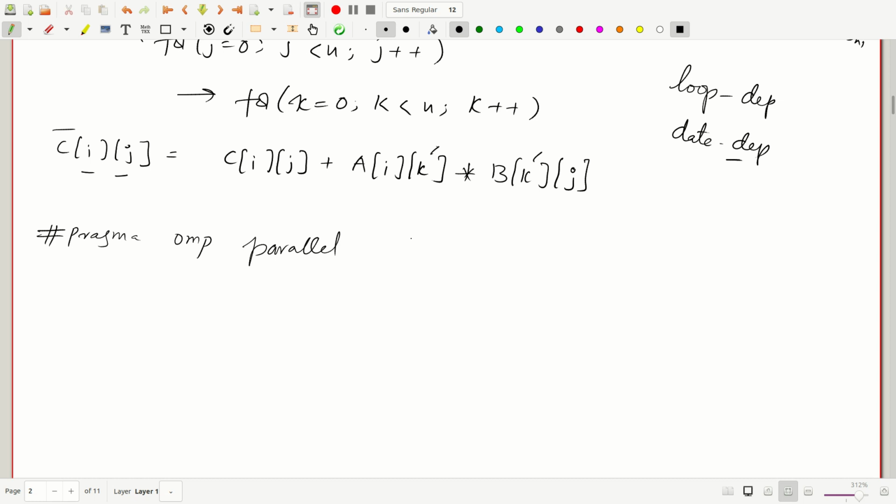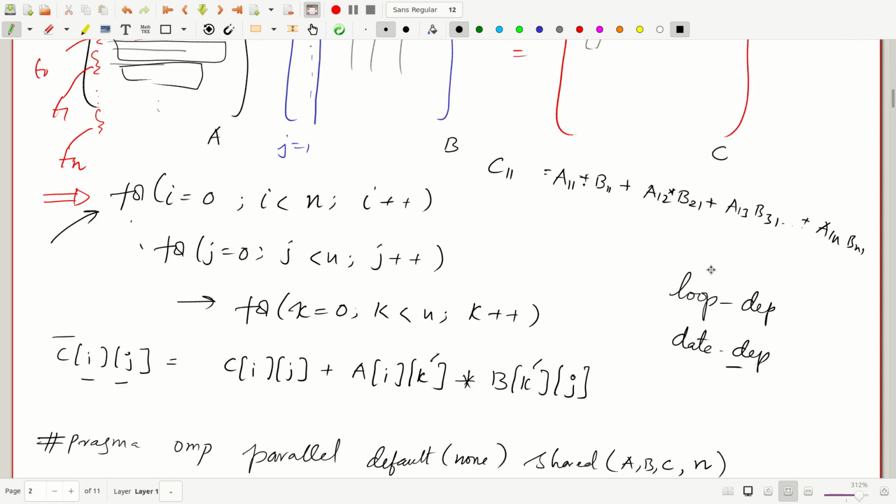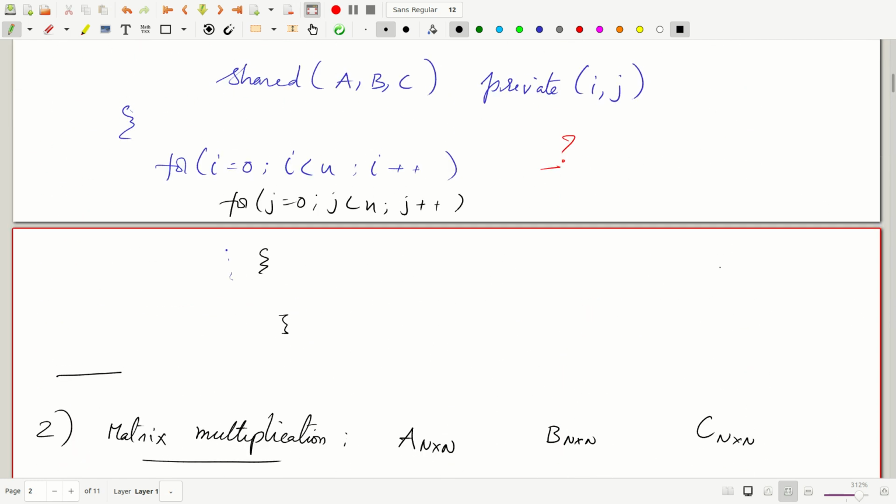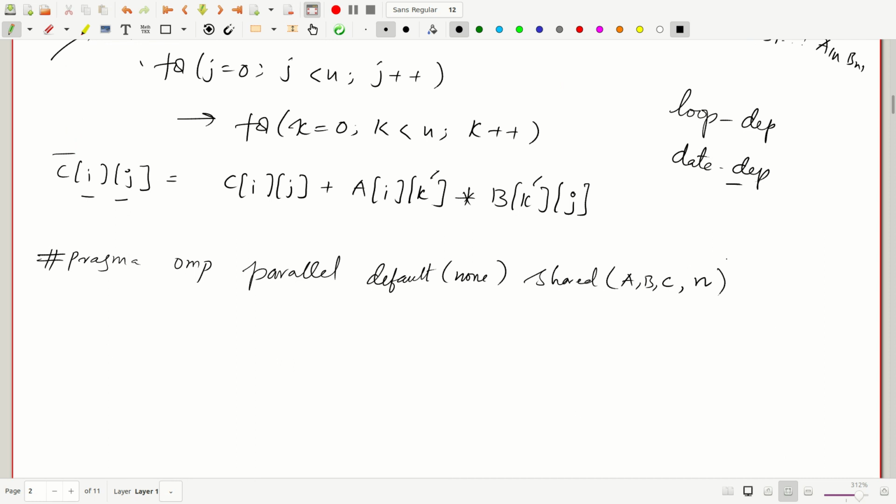I say parallel, and then default none, and shared is A, B, C, as well as the size of the matrix n, which I missed in the previous case. n is also shared because n doesn't change.